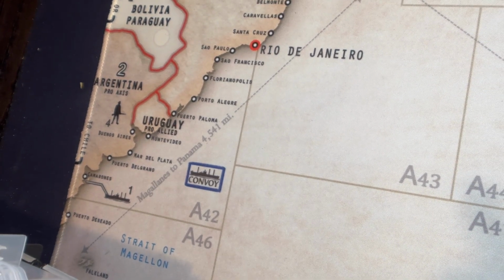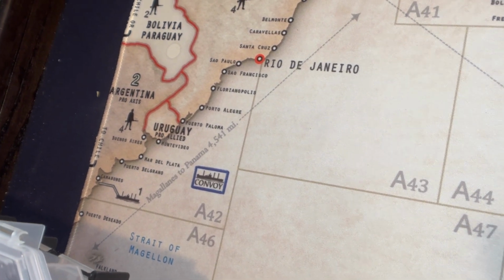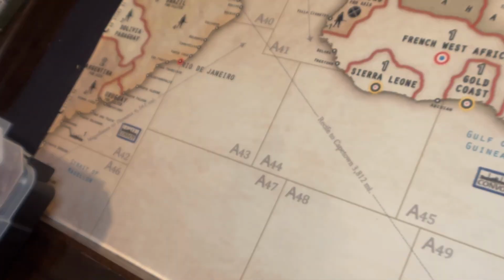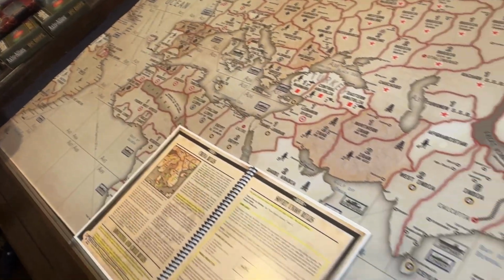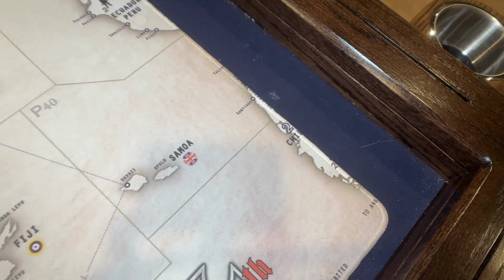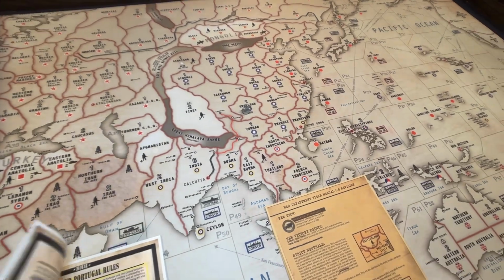And if Germans get at least 56 on the IPC tracker, then Chile becomes a pro-Axis territory, not flipping to German control, but flipping to a pro-Axis state from the strict neutral condition that it begins at. But wait, there's more.